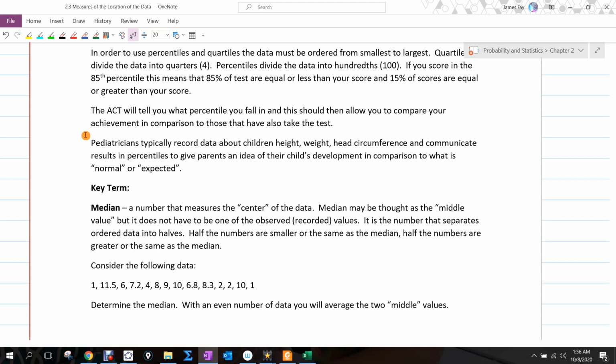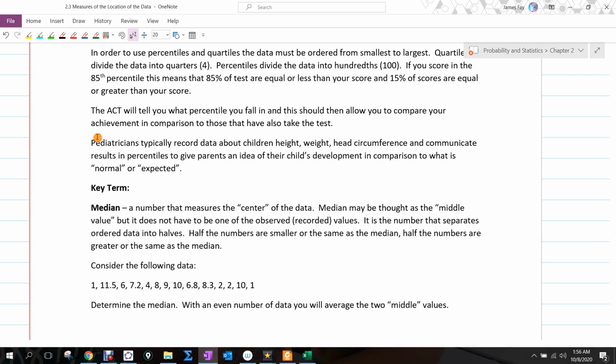But if it's in the 95th percentile, that means that it is bigger than 95% of measured circumferences. So that might get the doctor to start thinking, okay, now why is this? Is this an abnormality? Is there an underlying health issue? That kind of thing. So these things are used frequently in a lot of different arenas.